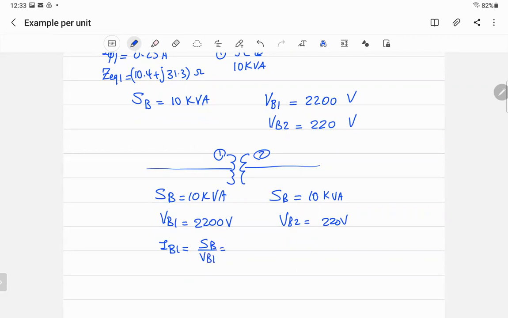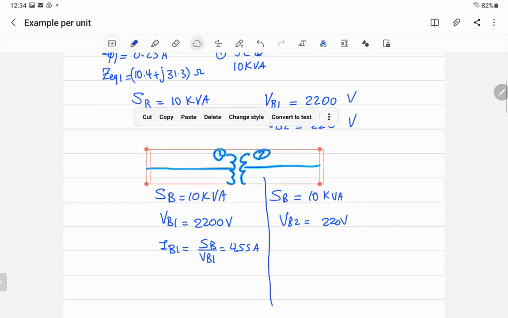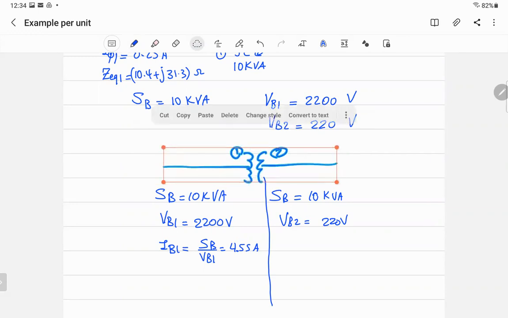When you divide it, I got 4.55. And on the other side, let me make a line here so I don't cross this.